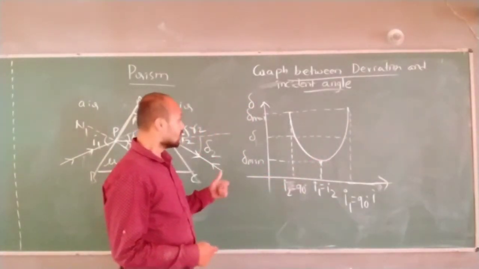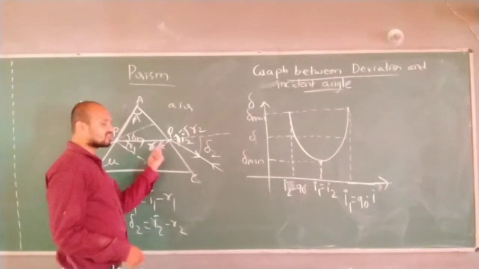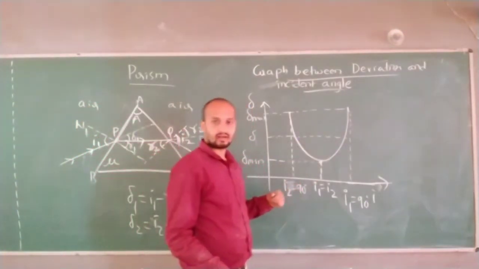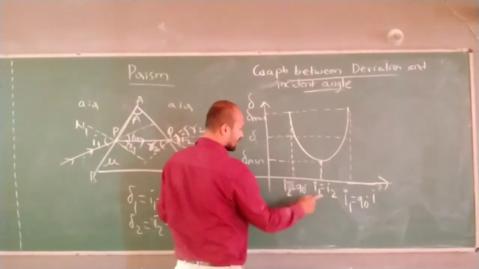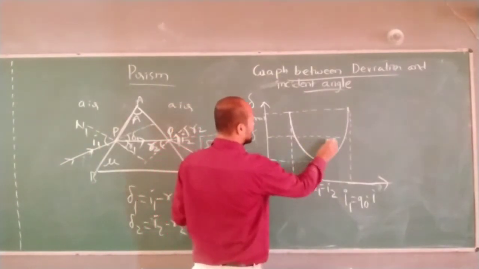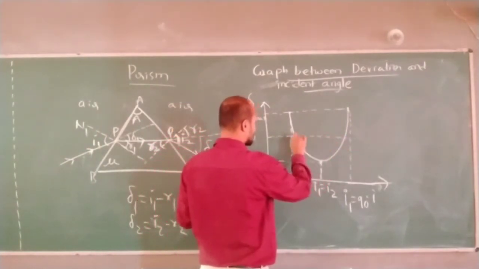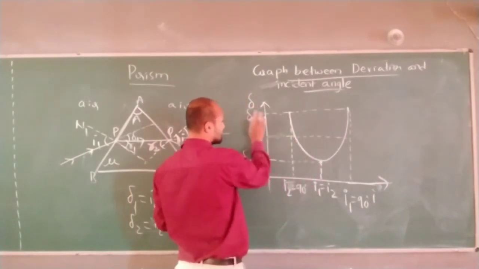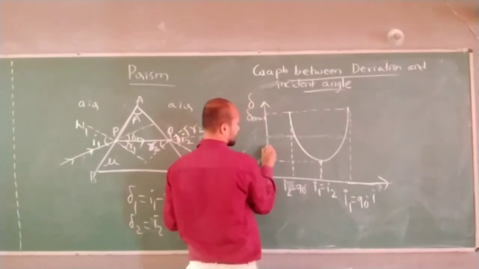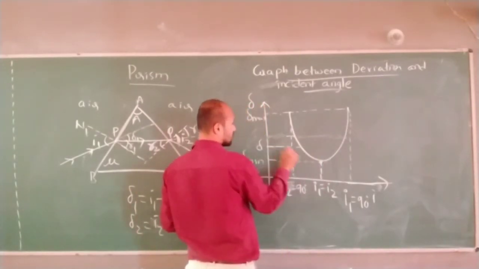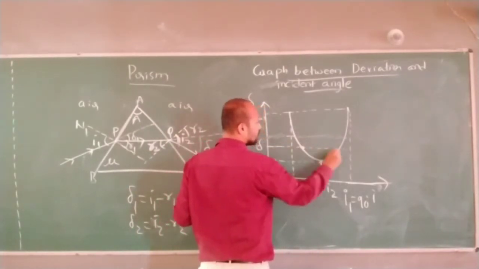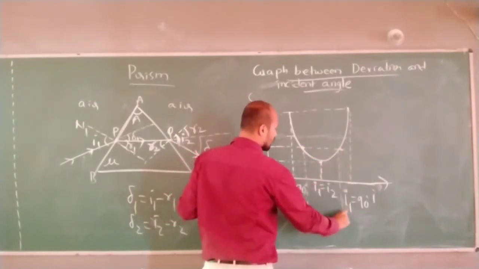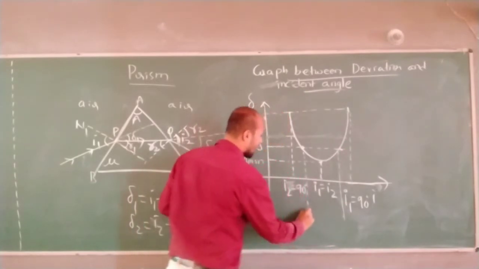So that is what I am talking about, deviation. Correct? Now, if I reverse the direction, it will follow the same path as it was coming before. That is why these two values are coming. Here only one value at this position, and if I take this one, there are two values for another delta I have taken. Let me take a delta here. You see two positions of angle of incidence.